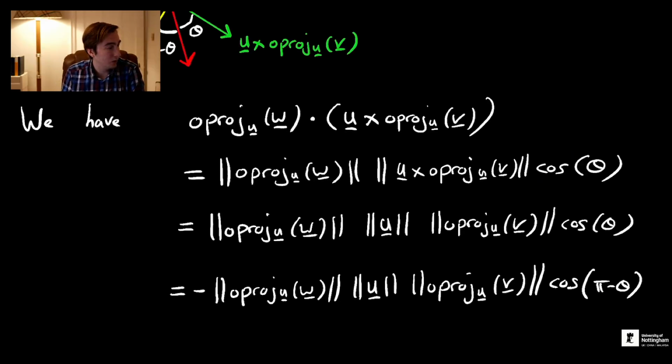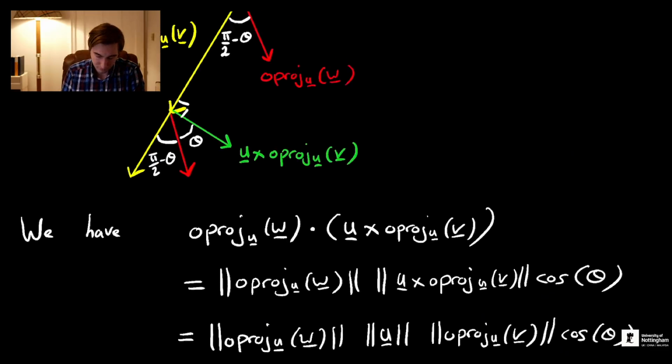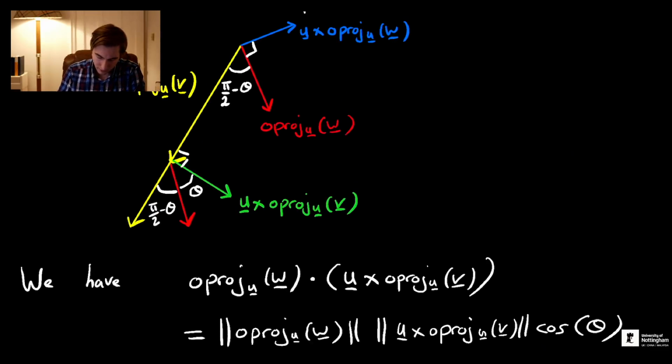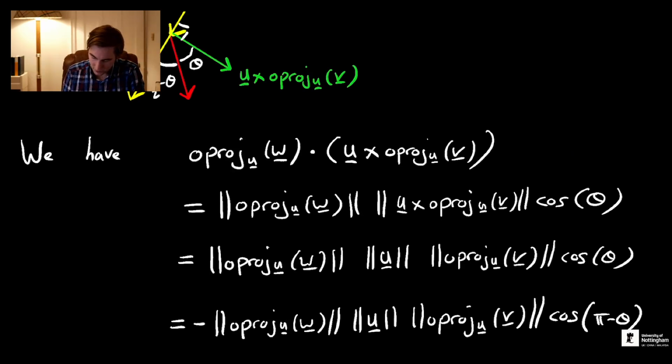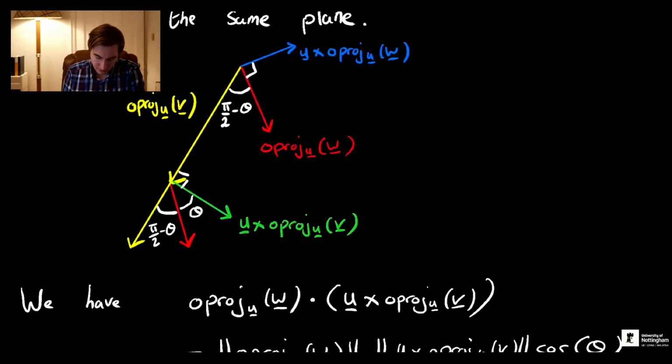Why is that useful now? Well, let's look at our picture up here. We realize that this angle, pi minus theta, is exactly the angle that we have between this yellow vector here and this blue vector, right? Because we have pi here, pi over 2 here, plus this vector, which is pi over 2 minus theta. In other words, this whole angle here is pi minus theta.